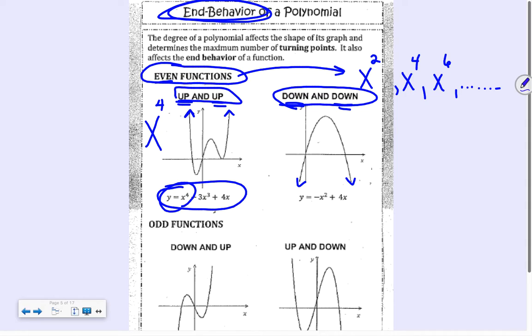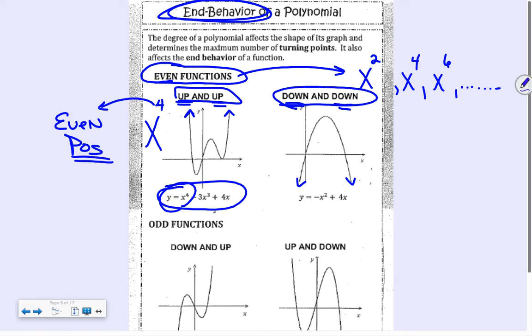It's up, up. Now, why is it up, up, not down, down? There's another thing you have to know. Because it's positive. You got it. So look what you have to know. If this is even and it's positive, it goes up, up.